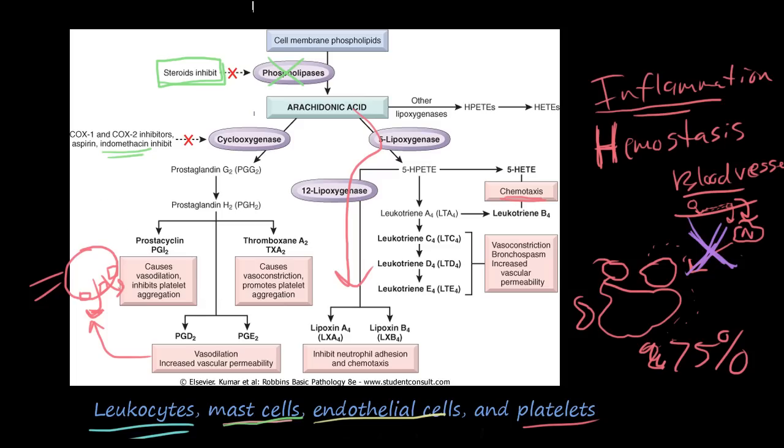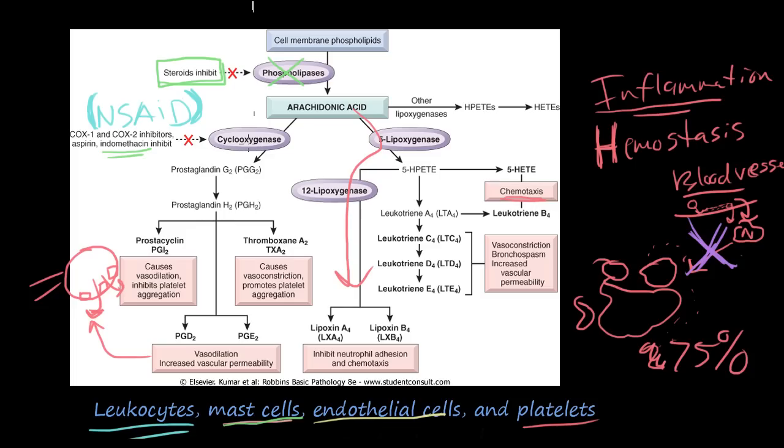And I'm sure we've heard of NSAIDs, nonsteroidal anti-inflammatory drugs. These are ibuprofen, Tylenol, aspirin, these types of drugs that we take when we have a fever or when we're hurting because we worked out too hard or whatever. These non-steroidal anti-inflammatory drugs knock out this cyclooxygenase.